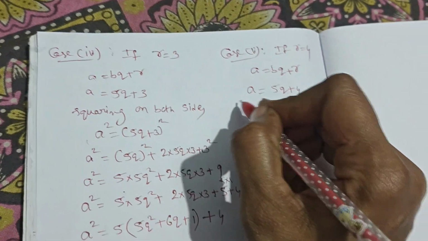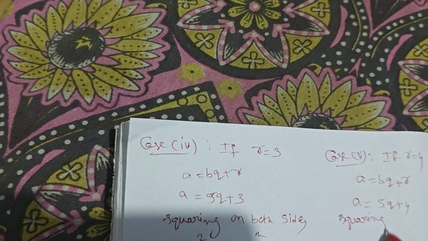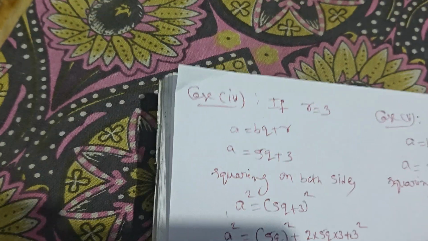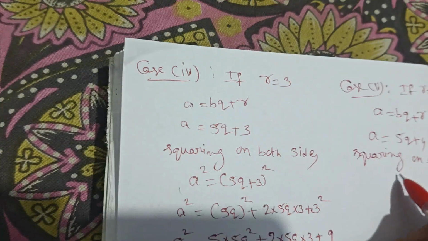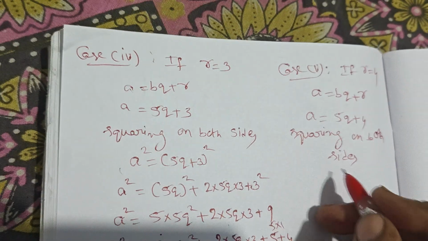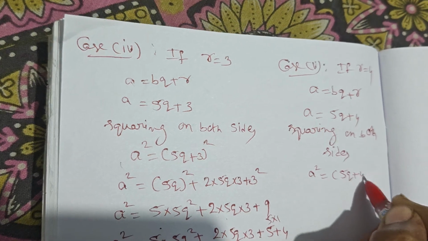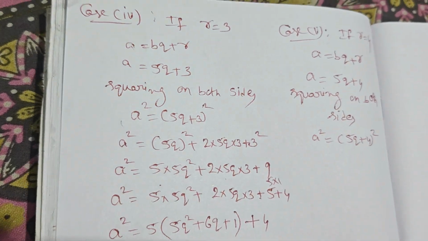What we have to do? Squaring on both sides. If you do squaring on both sides, a square equals (5q plus 4) whole square.